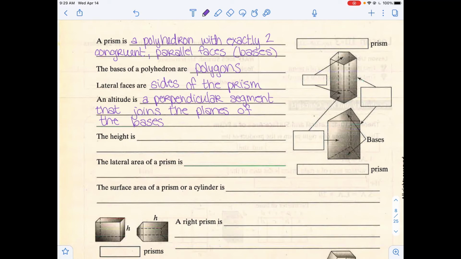The height, and we usually use h to represent that, is the length of the altitude.